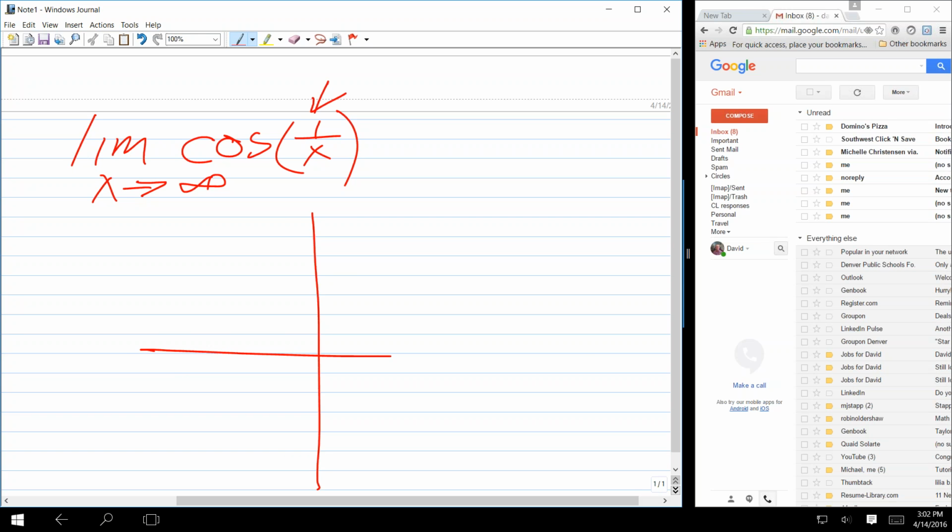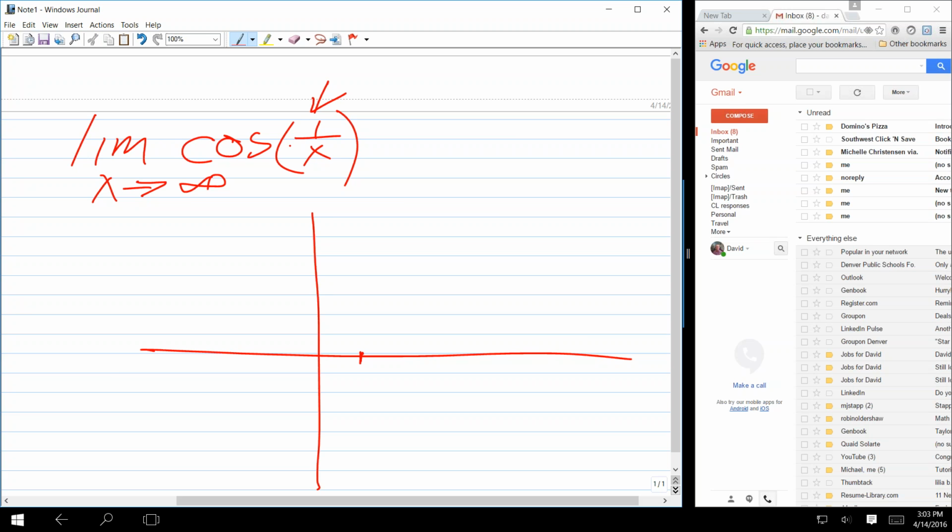Now, the graph of this thing, if you used a table, well, we're going to be in radians. But there's no question that what's inside the parentheses goes to 0.